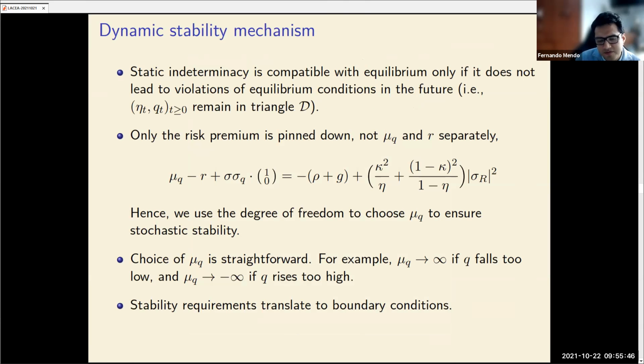So you can think of choosing this mu q in a straightforward way, where you just put mu q very high when capital price is low, or mu q very negative when capital price rises. Now, importantly, in continuous time, this is going to be tractable because these stability requirements are going to translate just to boundary conditions. Basically, I'm going to have some boundary conditions on the triangle that I showed.